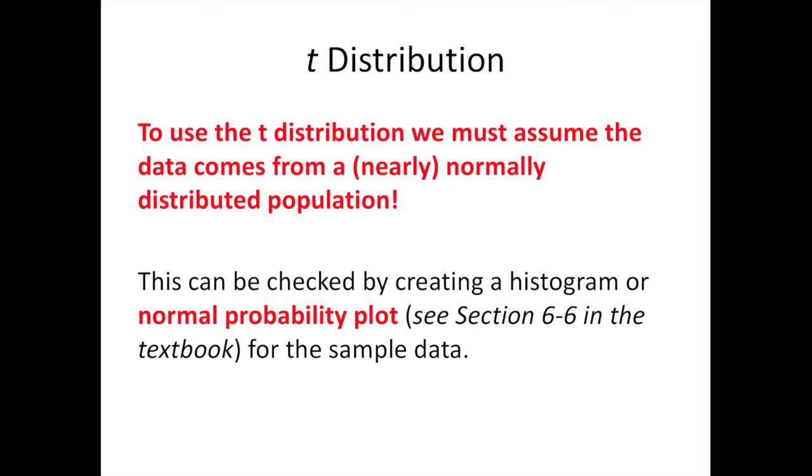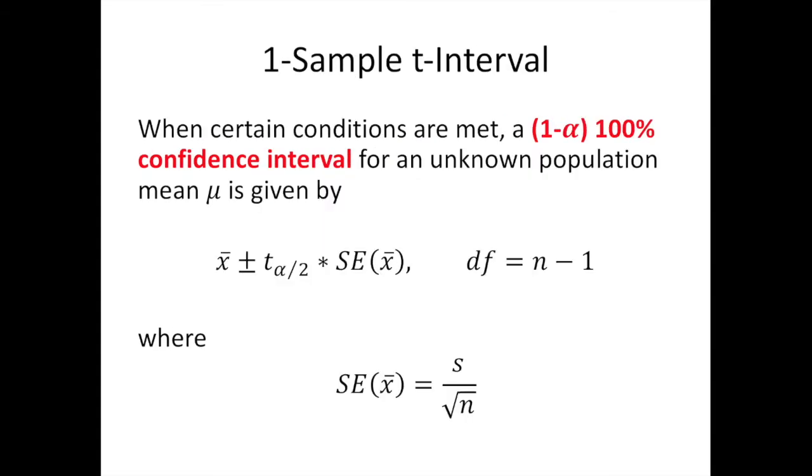So if we work with this and everything checks out, all our assumptions are met, what we create here is something known as a one sample t-interval. Contrast that with when we were estimating population proportions, that was a one proportion z-interval because we used a standard normal distribution to come up with those critical values. A one sample t-interval instead uses the t-distribution.